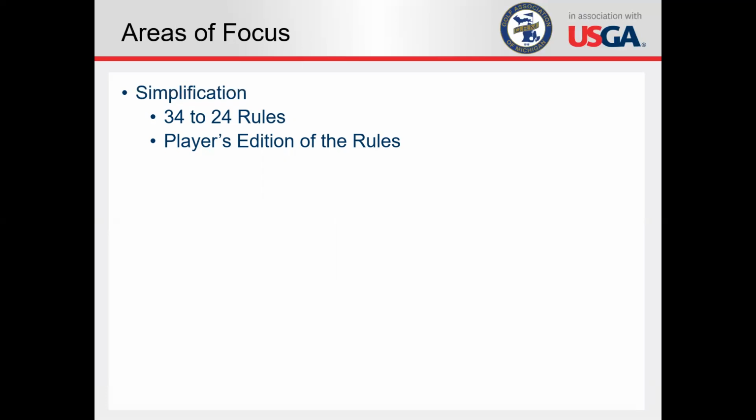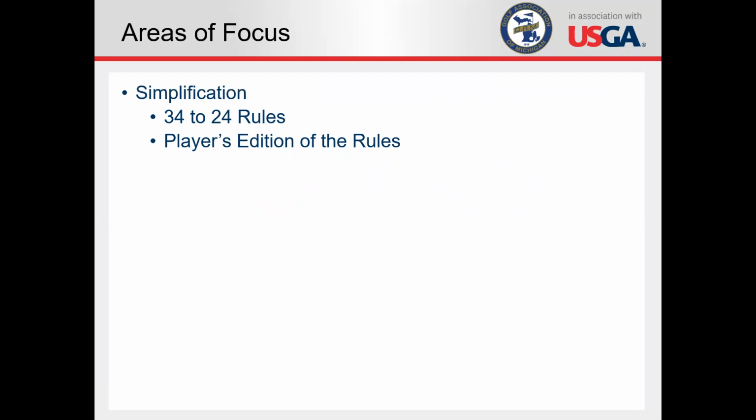One of the other things that they've done is created a player's edition of the rules, which is that small book that so many golfers are accustomed to carrying with them or having with them. And really what this is, it was written in the first person. So it's talking to you, the golfer, and it's really geared at the individual golfer.